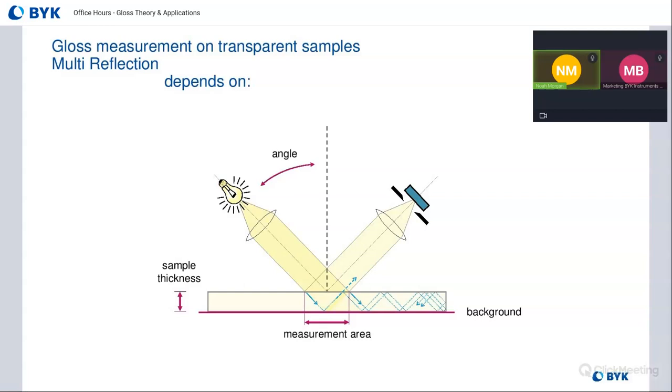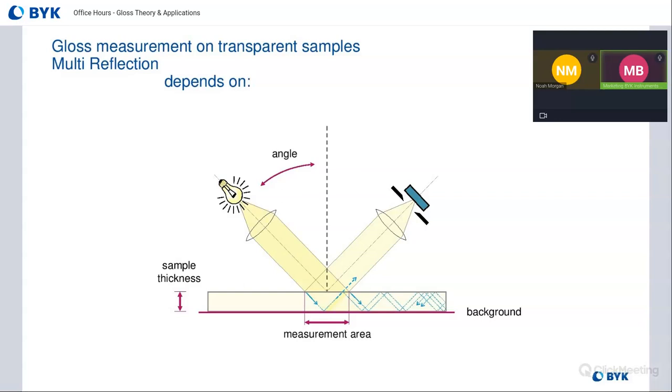If you're measuring samples that have varying thicknesses, you won't be able to accurately compare them together, because the light is going to go in and get scattered differently depending on the thickness. Does that answer your question? I'm not sure if someone's typing, so we'll see if that answered it, and if not, we can reach back out to them again.